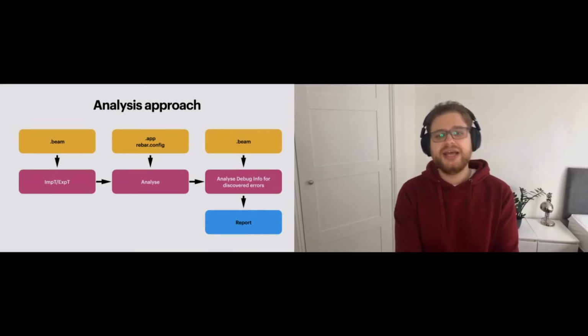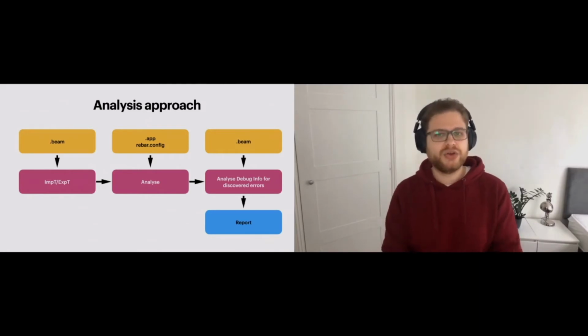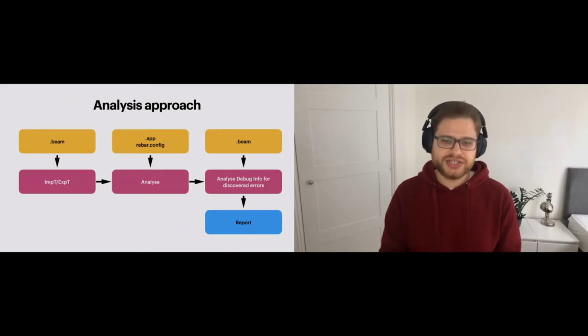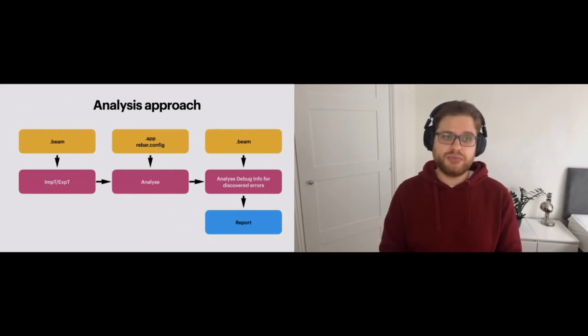And then for the files where we detected errors, and only for them, we once again go back to the beam file, load debug info, and traverse it to find the line location or the precise position where the missing function or the problematic function was called, and we finally use that to report errors to the user.